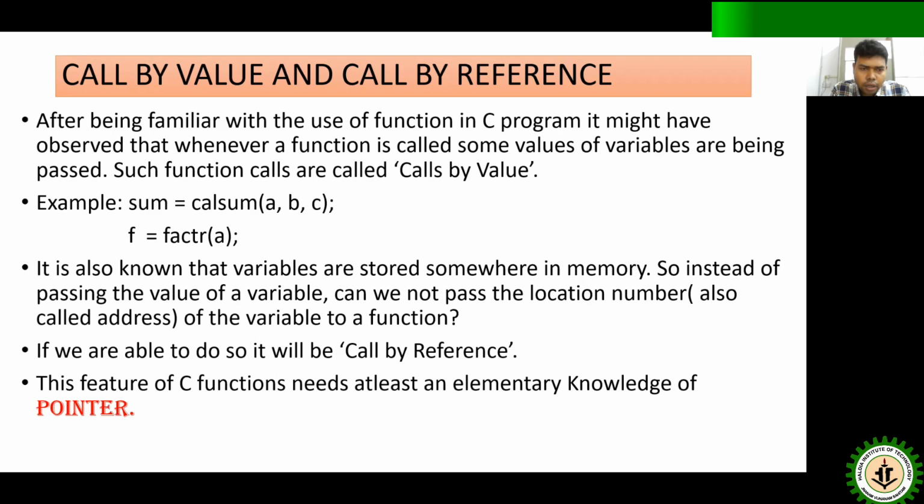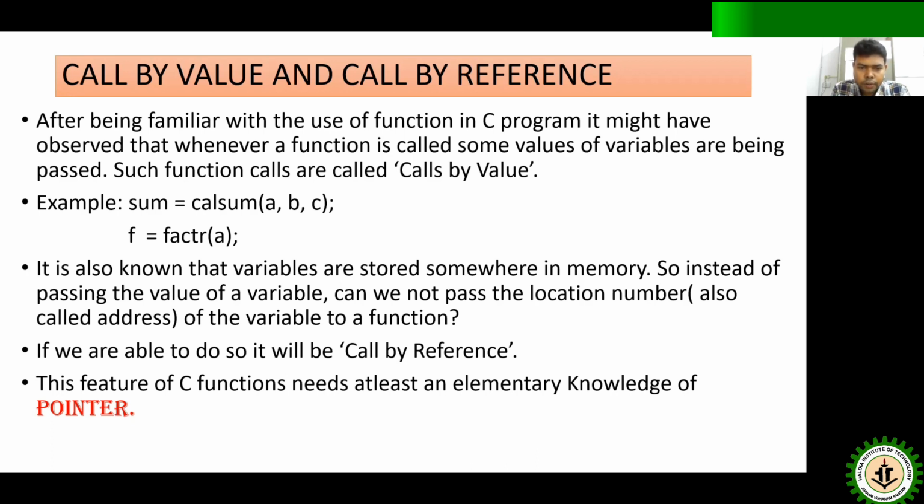Now there was a problem. What was the problem? We have already pointed out that using the return statement from a called function, we can return only a single value. So if in some program we need to return more than one value from the called function to the calling function, it is not possible using the return instruction.